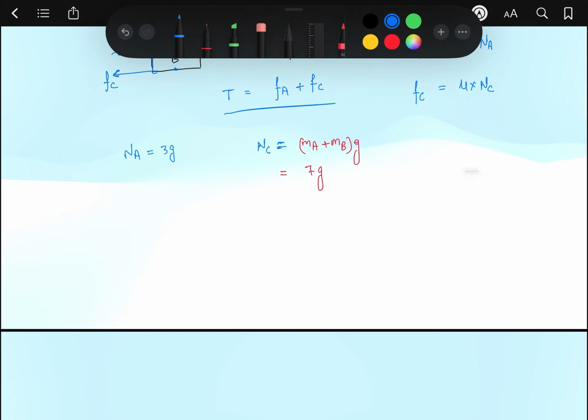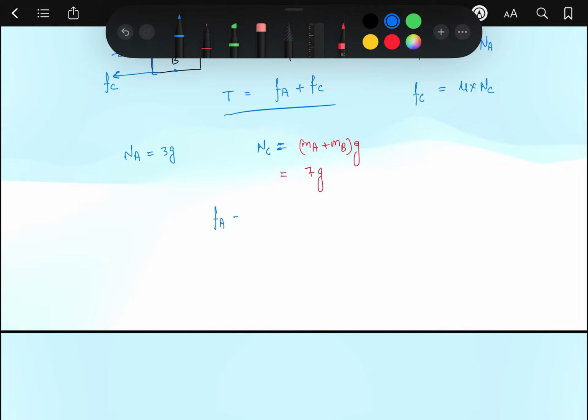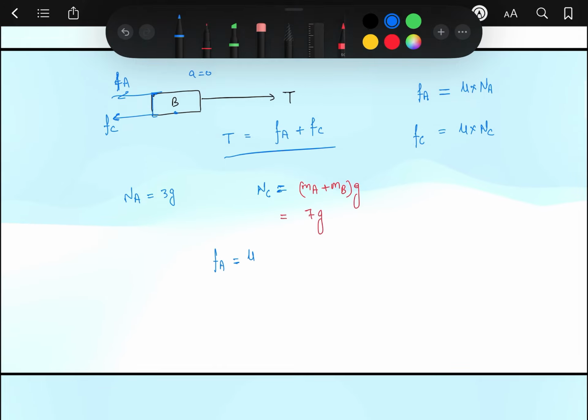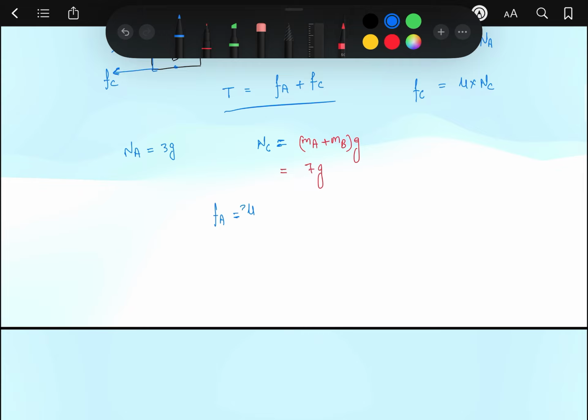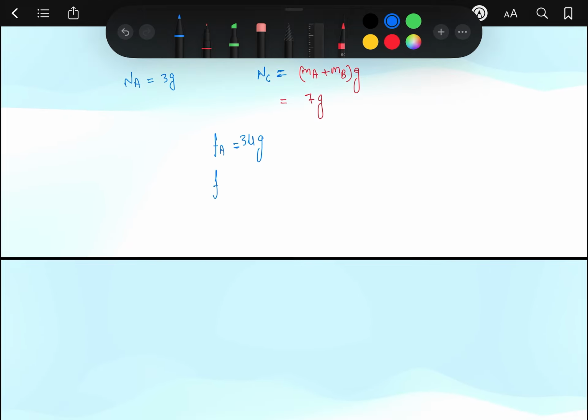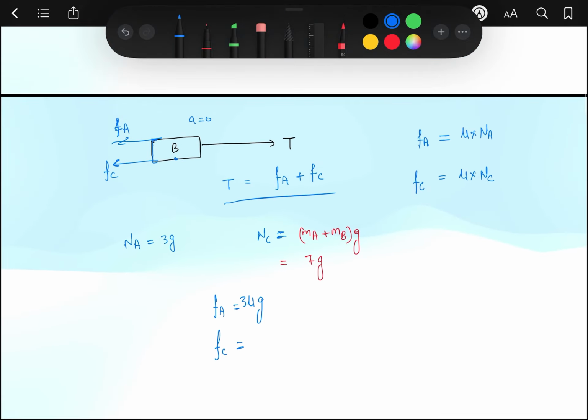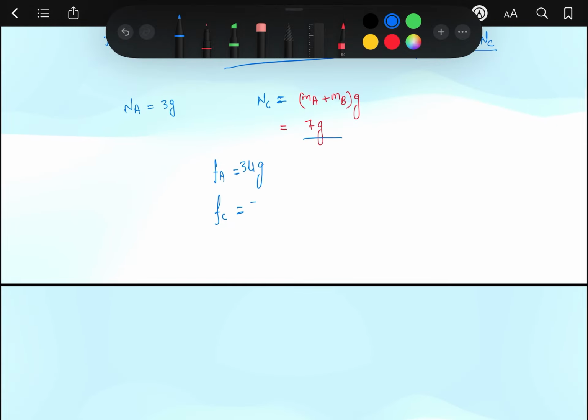So here FA will be mu multiplied by NA, that is 3G, so 3 mu G. This is the value of FA. Similarly FC, sorry, it is not FB, it is FC, will be equal to NC multiplied by mu, and the value of NC is 7G, so that will be 7 mu G, okay.